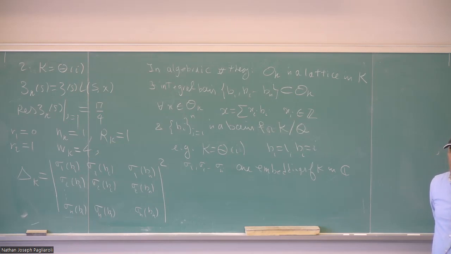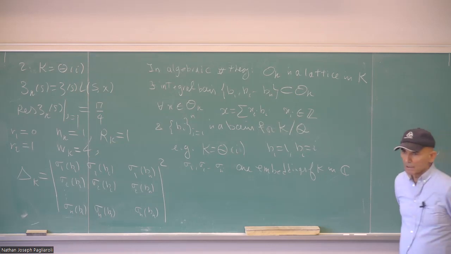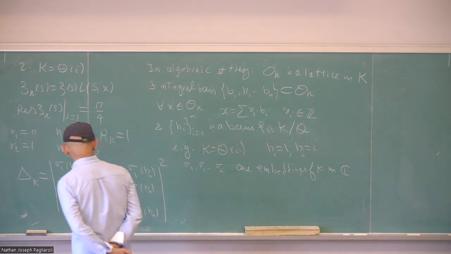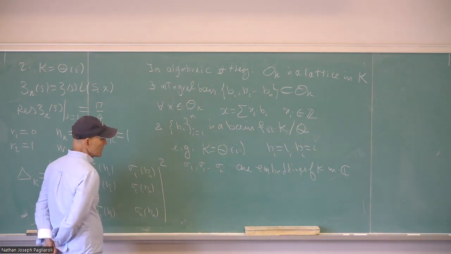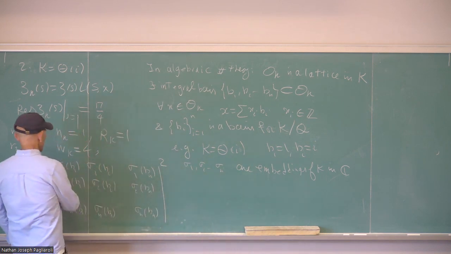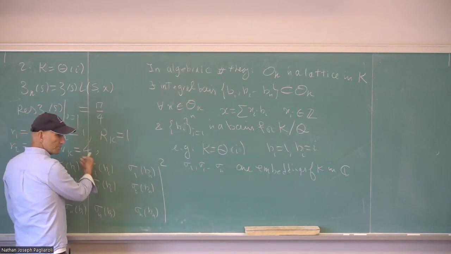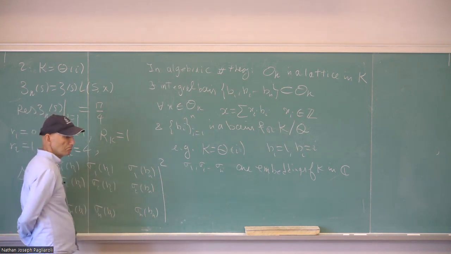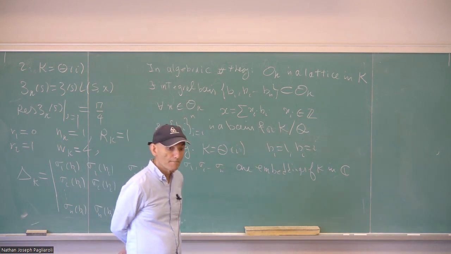Because if I do, then this wouldn't hold for real quadratic fields, for example, which I know it's true. These are just embeddings of K in C. And then what you do is take these complex numbers, take the determinant and square it.